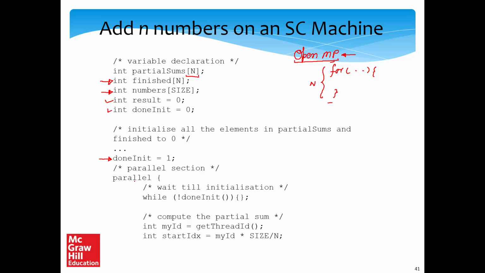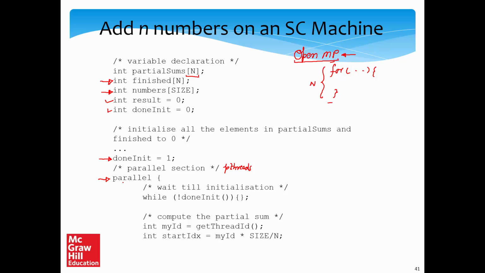Let us assume that we have a primitive parallel which ensures that there are n copies of this code running. Of course, if we use a library like pthreads, which is provided in Linux, then we just have to replace this parallel directive with one more directive, which creates n threads, and each thread executes the same code.